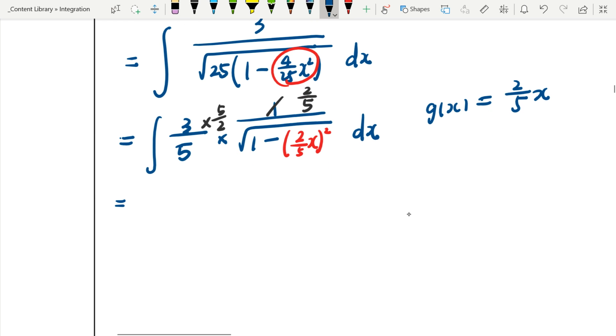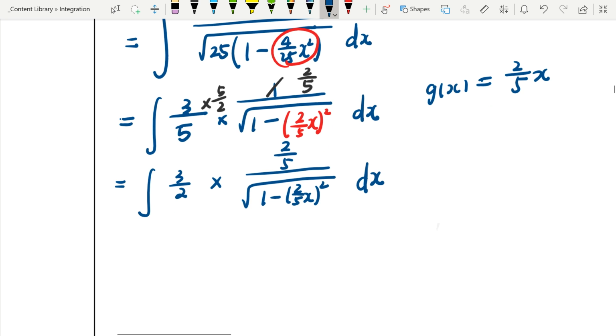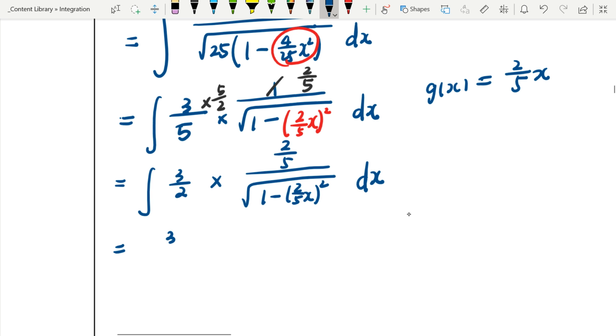Therefore, rewriting this, I will have 3 over 2 in the front times 2 on 5 over the square root of 1 minus 2 on 5 x squared dx. So I know that 3 on 2 is a constant, and then that's sine inverse of 2 on 5 x plus c.